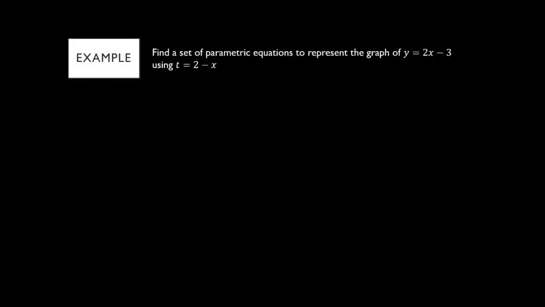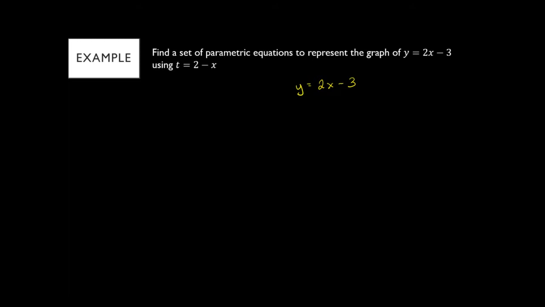So here's an example where we're telling you what to pick t for. We're going to find a set of parametric equations to represent the graph of y equals 2x minus 3 using t equals 2 minus x. So our parametric equations, we need to have x equals and y equals. So we've got y equals 2x minus 3 here.